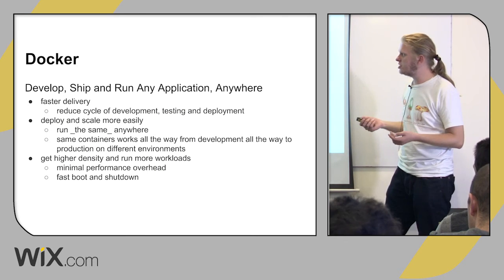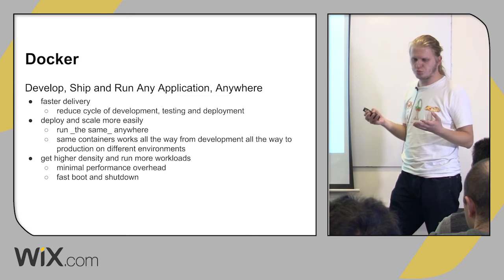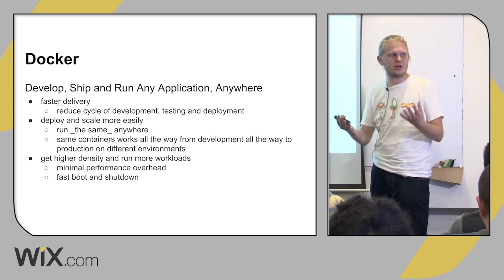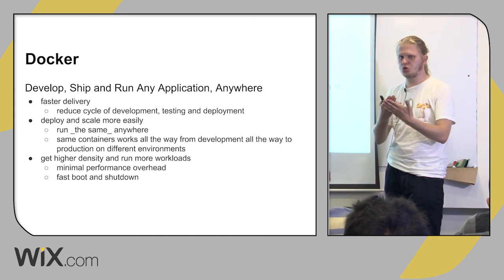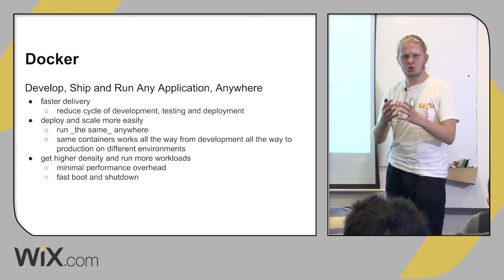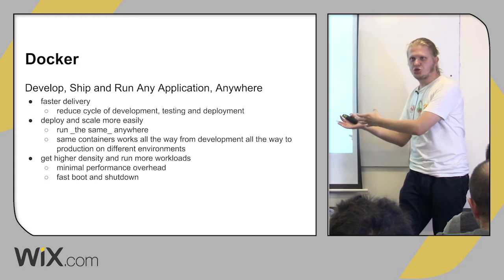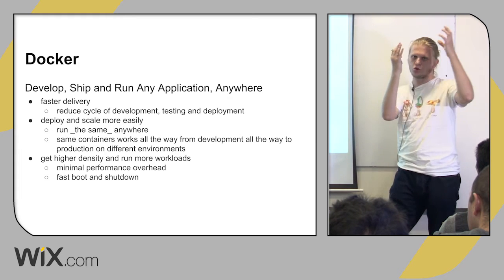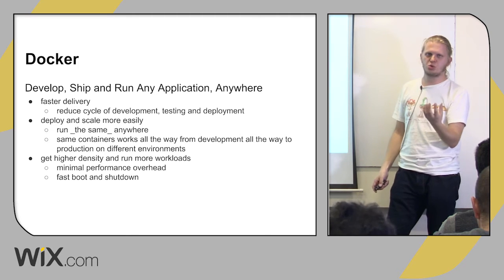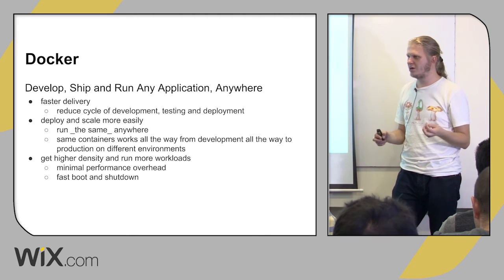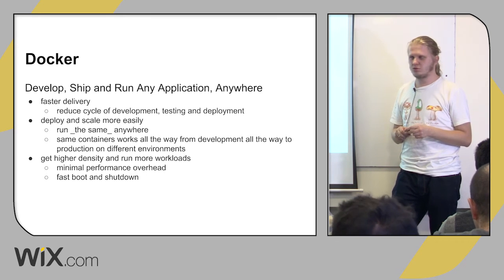So basically, what Docker provides, the main thing you get, is an image which you can run locally, on staging, on production, on Google Cloud, on Amazon Cloud. You have the same code. It's somewhat close to the Java philosophy of run anywhere.